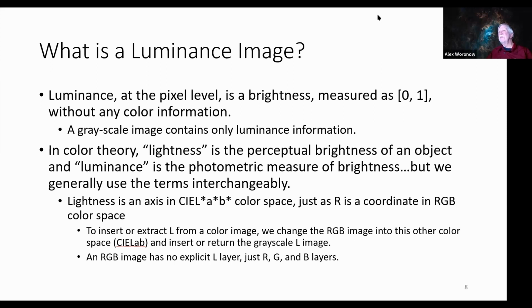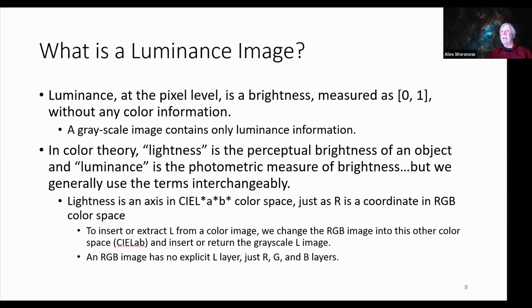That is what we see as bright and dark and gray and everything in between. Whereas luminance is a photometric measurement, something done by an instrument and highly repeatable. But we generally use those two terms interchangeably, and I'll be pretty sloppy with them throughout this talk. They mean the same thing to me. That is the apparent brightness, so it's the lightness of a pixel, for instance.